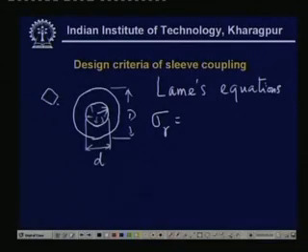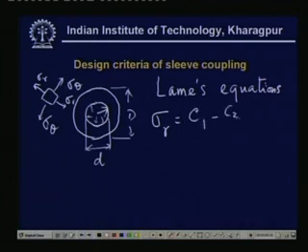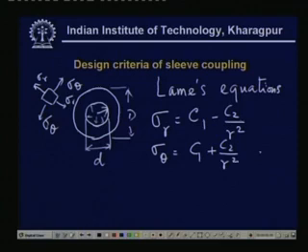So, if you draw sigma r and sigma theta, there will be both radial stress and circumferential stress, and those are given by this formula: sigma r is C1 minus C2 divided by r square, and sigma theta is C1 plus C2 divided by r square. So, they vary in inverse proportion to r square.